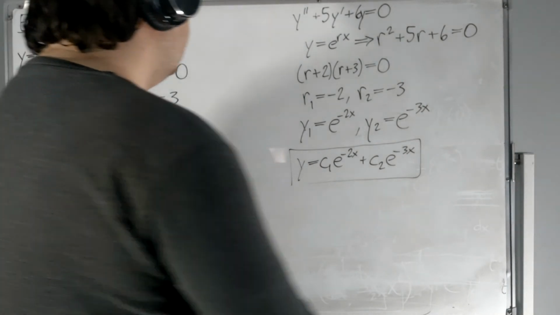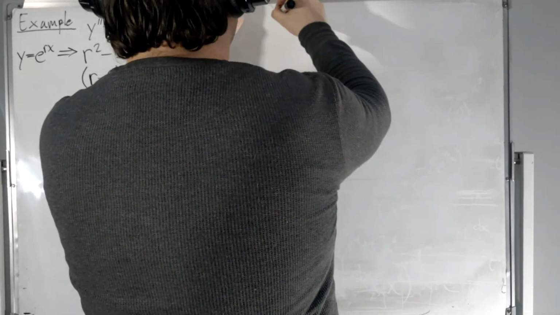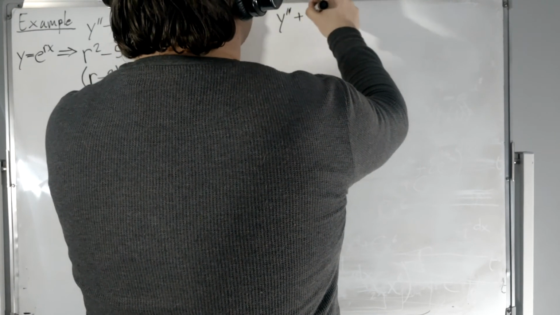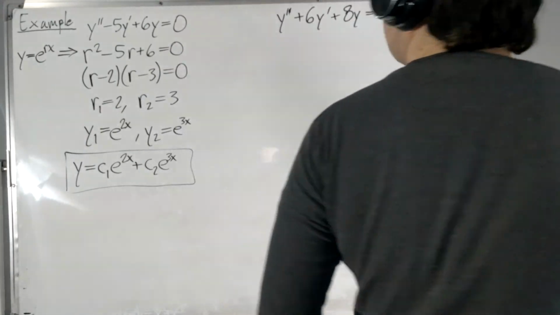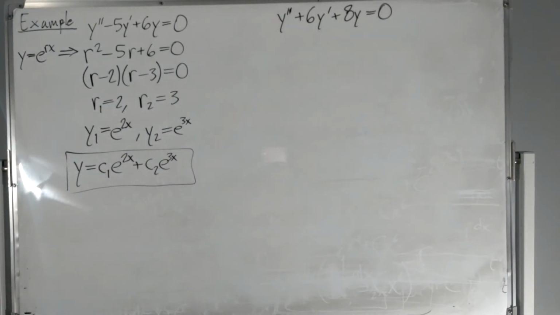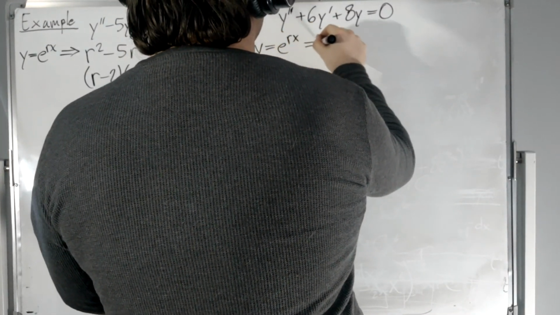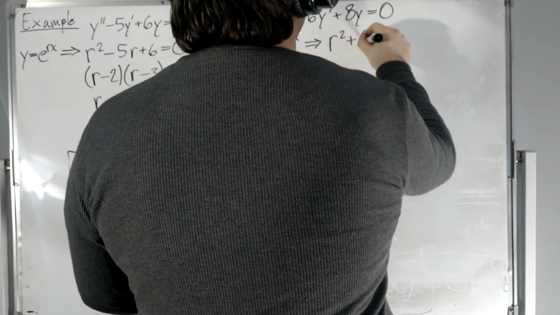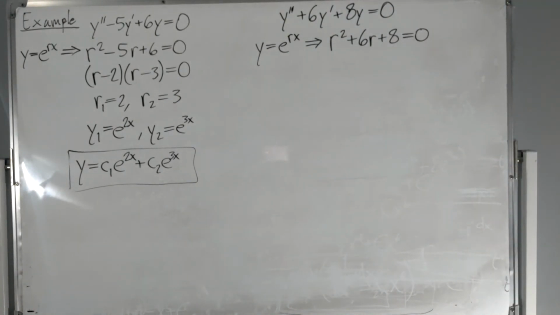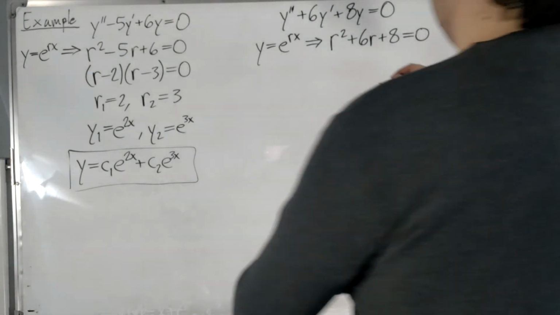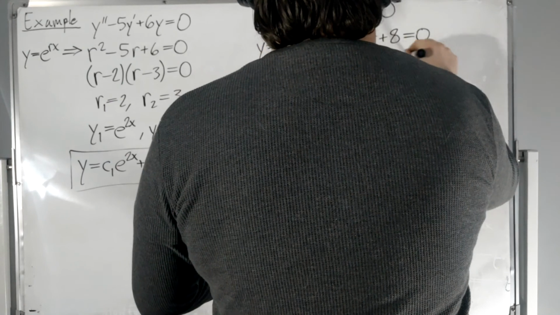Let's do just one more. How about y prime prime plus 6y prime plus 8y equals 0? Well, again, y equals e to the rx gives us r squared plus 6r plus 8 equals 0. That factors into r plus 2, r plus 4 equals 0.